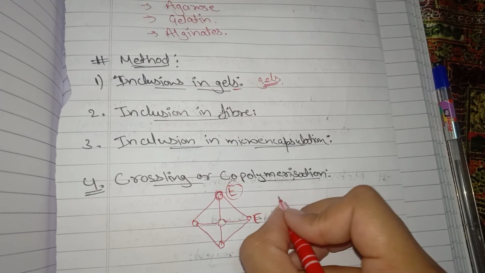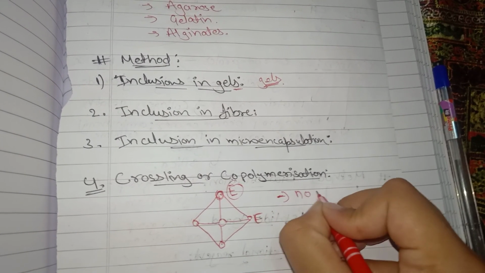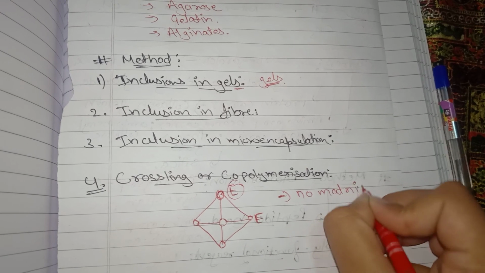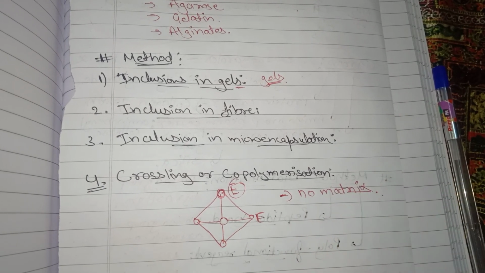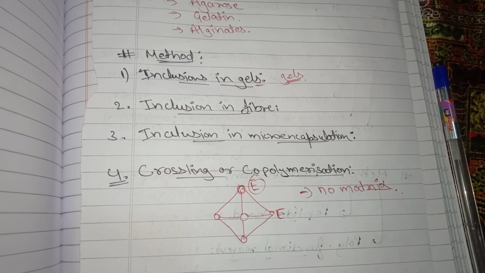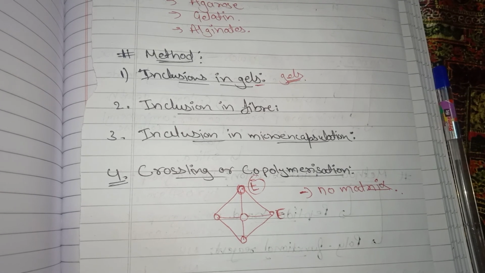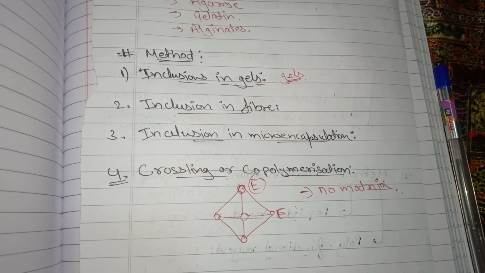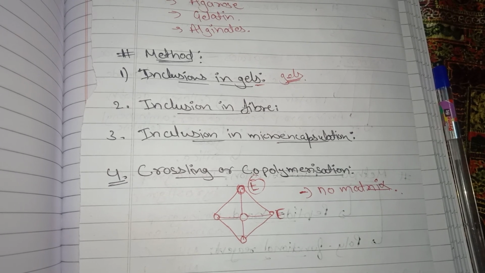Unlike other methods, in this method no matrix is used. So, advantages of this process are that this technique is cheap and simple. It is widely used in commercial preparation and industrial use. Disadvantages may be that it structurally modifies the enzyme, leading to the loss of catalytic property of enzyme.